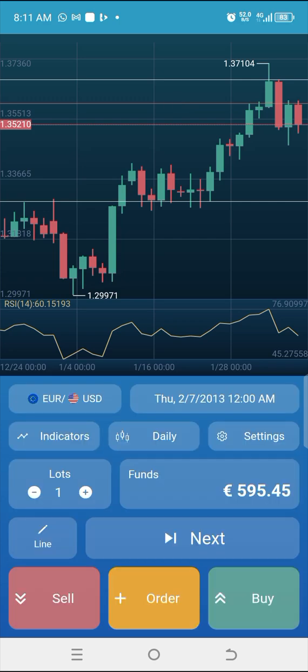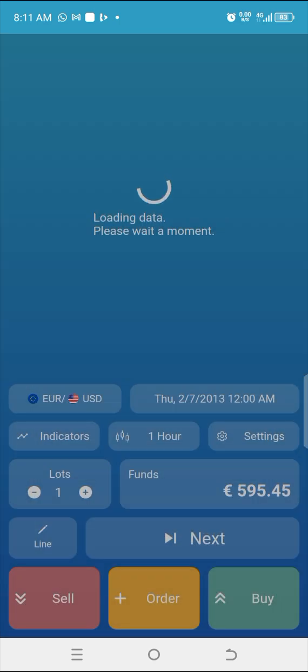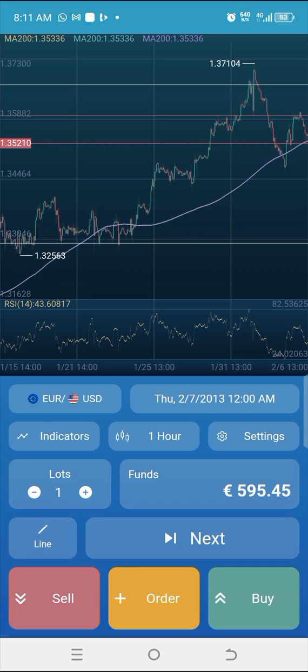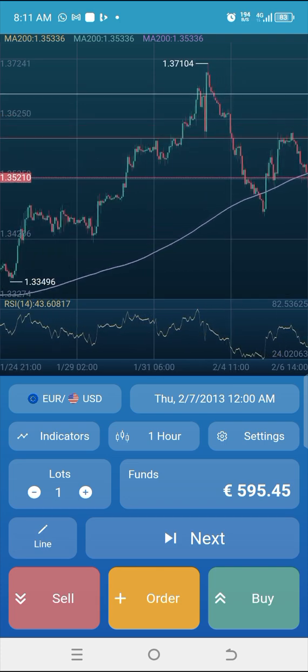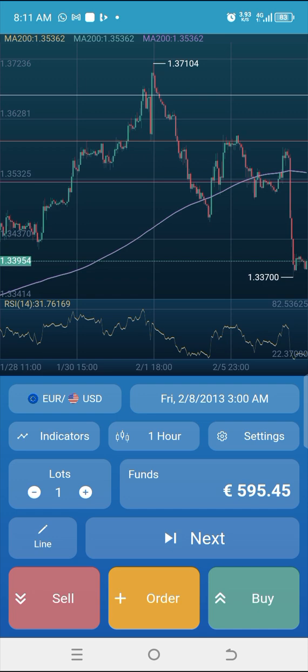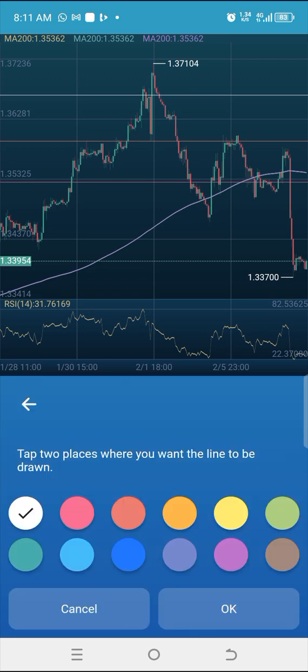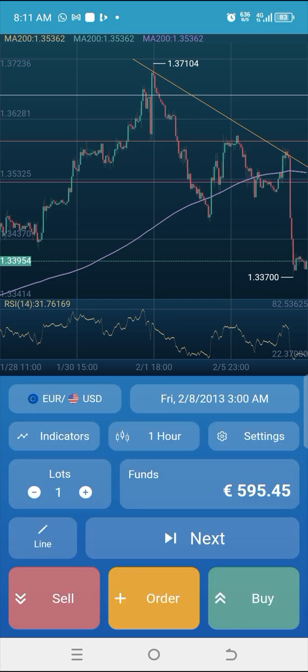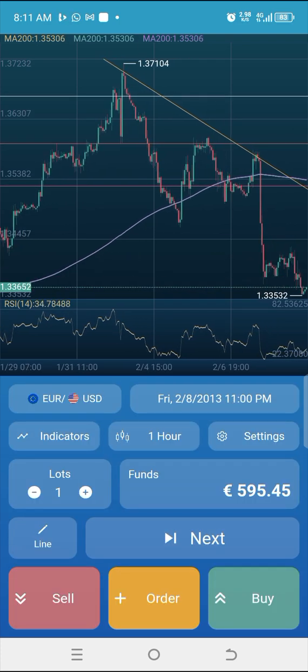Put another one there. 1 hour. Let's look for a trend. Okay, looks to be a trend. Cool. Let's wait and see what it's going to do to this trend.